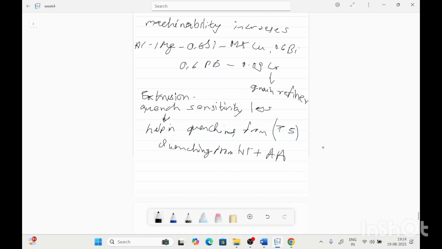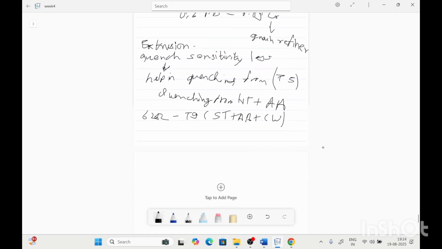Then the 6062 alloy is also present in the T9 condition temper. So this is the solution treated plus artificial aged plus cold worked. So this has the yield strength of 380 MPa.